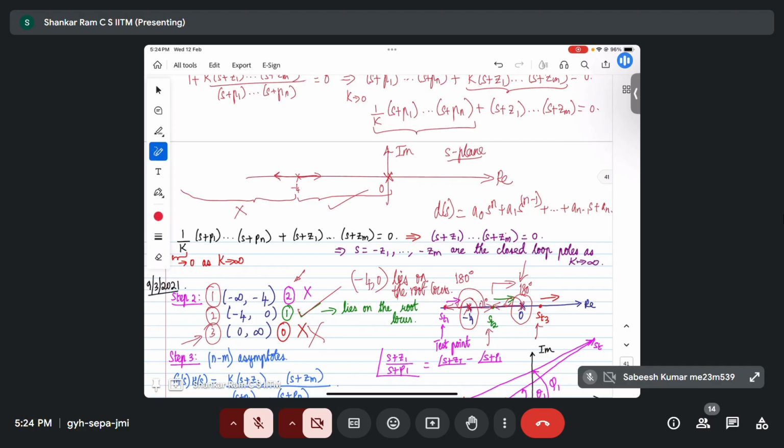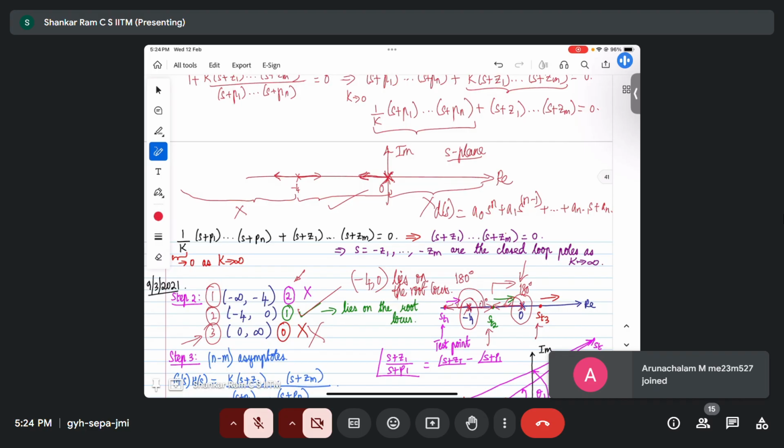Now, using the same argument, how do you think the branch at 0 will start? In the other direction, sir, because on the right side of that there is no root locus. Very good. Because 0 to infinity is not on the root locus, and obviously there is no repeating open loop pole at the origin, there can be only one branch starting from the origin.